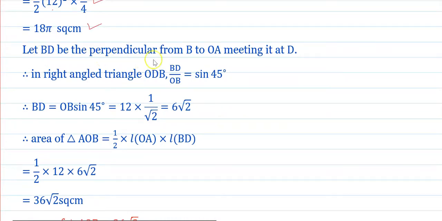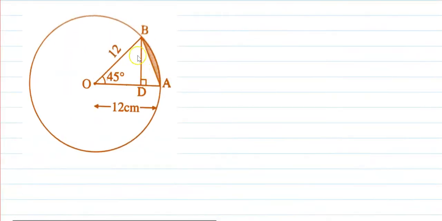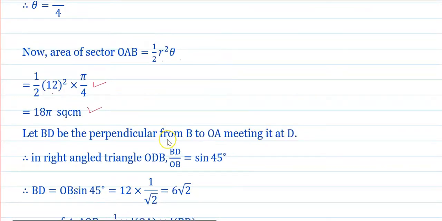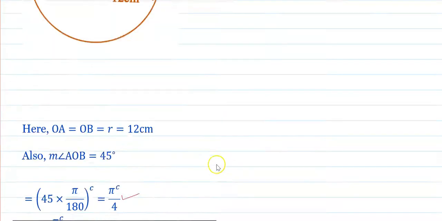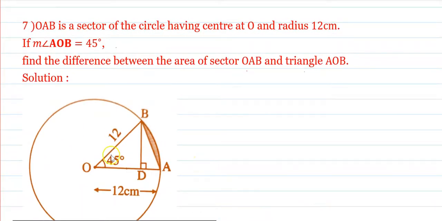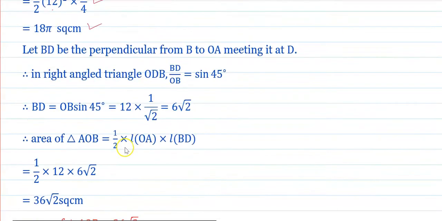BD is a perpendicular from B to OA meeting at D. In right angle triangle OBD, BD upon OB is equal to sine of 45. If we take sin 45, then BD upon OB, and we substitute the value of OB. Sin 45 we know is 1 by root 2.